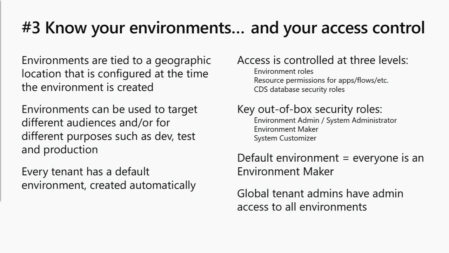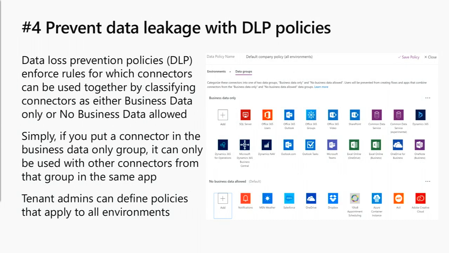Okay? All right. Number 4, how do we prevent data from seeping out, leaking through the apps that we're creating? We have what we call DLP, data loss prevention, that's built in for the administrators to help put rules in place in terms of what connectors are allowed to connect with certain data points, data entries, right?